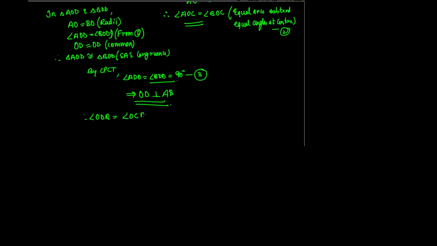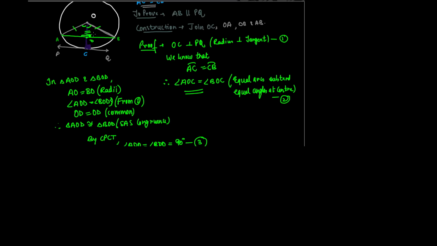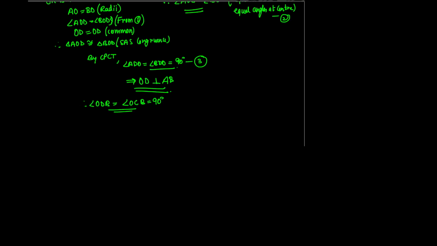Now, can you say, beta, that this is equal to this and these two are corresponding angles of these two lines? Now, since the corresponding angles of two lines are equal, we can say that AB is parallel to PQ.